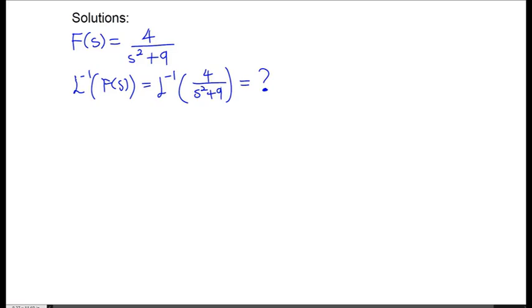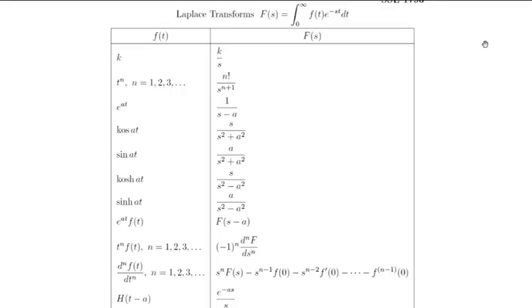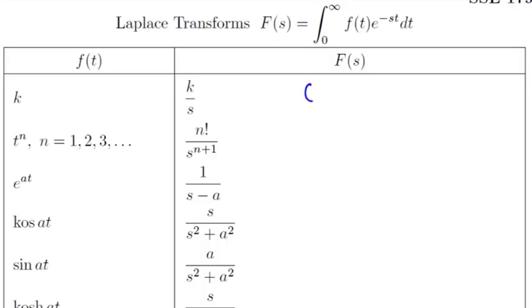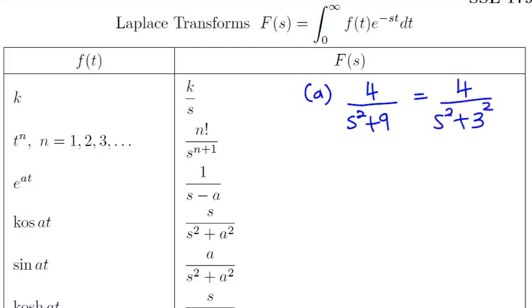Okay, let us look at the table. This is the formula given to you, so I will show you how to use it. The question is 4 over s squared plus 9, meaning 4 over s squared plus 3 squared.